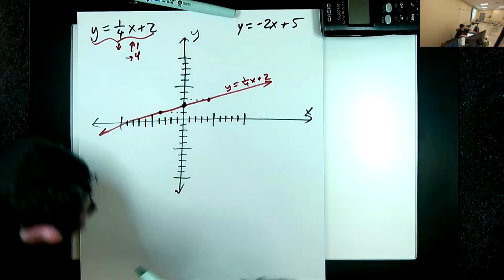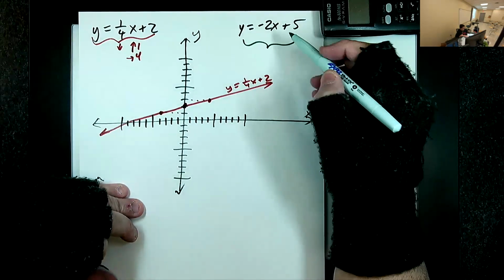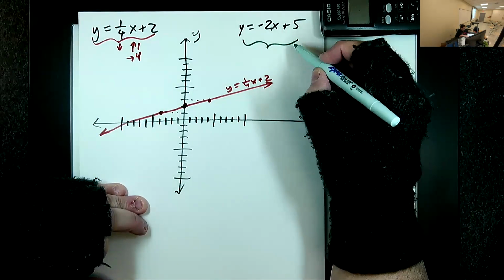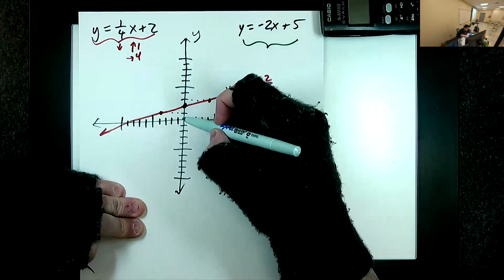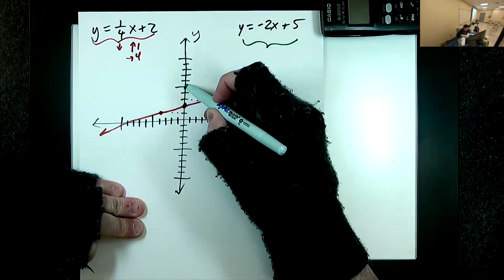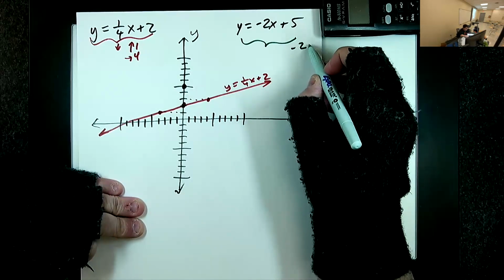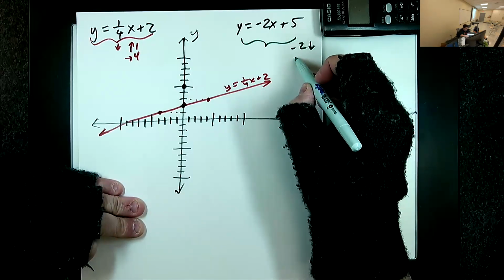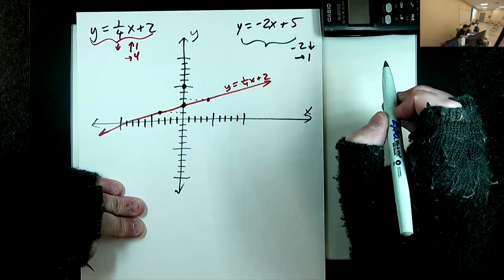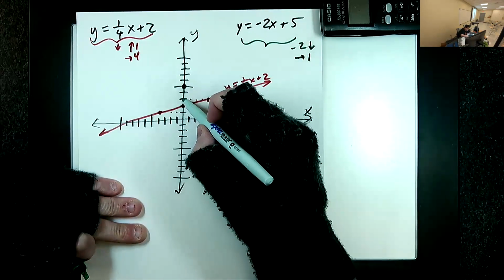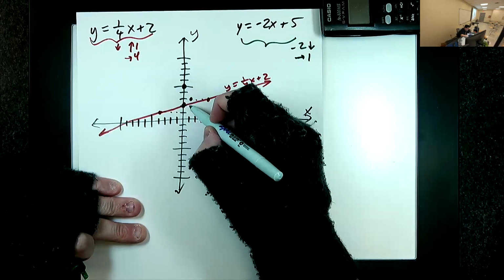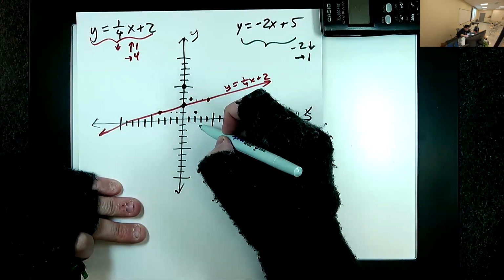The -2x + 5, I don't know if the green shows up very well, but this will be in green. This tells me to start at 5 up, 1, 2, 3, 4, 5. And the -2 is down 2, run 1 to the right. So down 2 over 1, down 2 over 1.